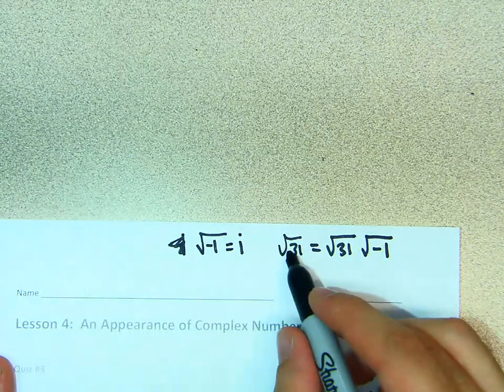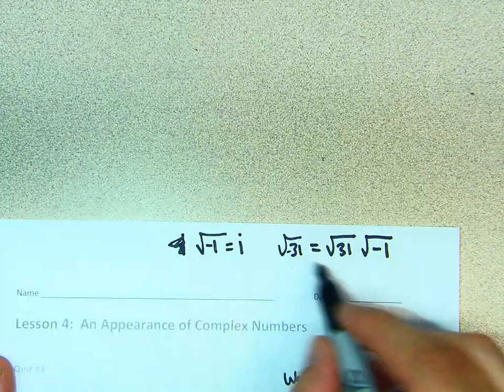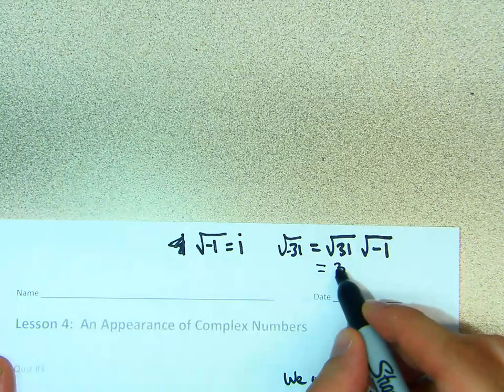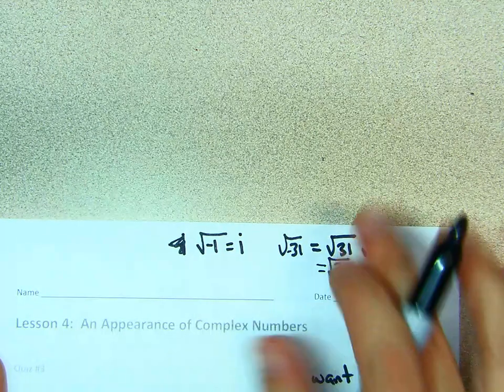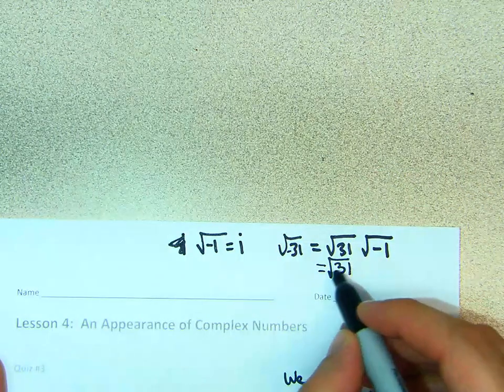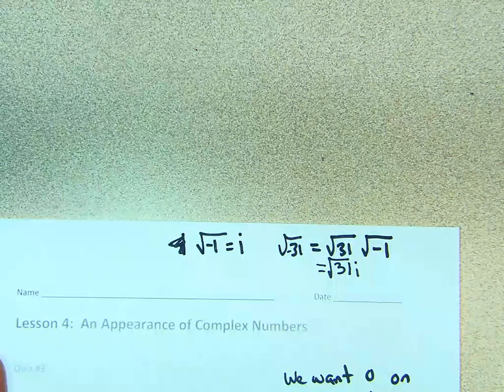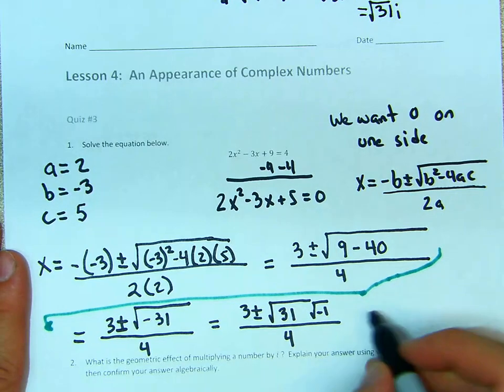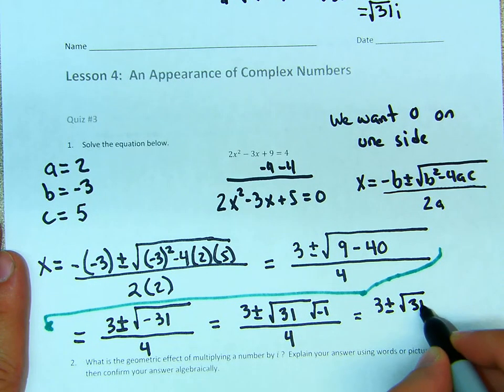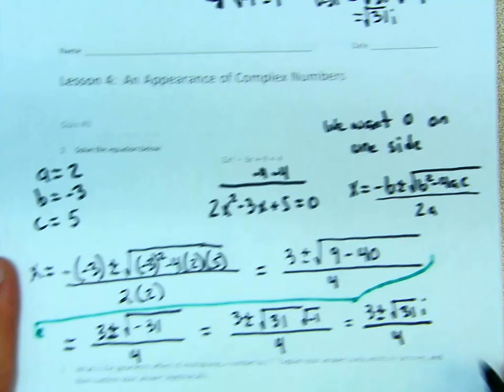So then we could just say that this radical negative 31 is equal to, I'm sorry, Mr. G has had a lot of coffee this morning. It's equal to radical 31i. Okay. So now here, this is equal to 3 plus or minus radical 31i over 4.